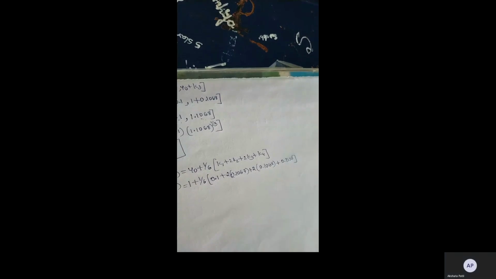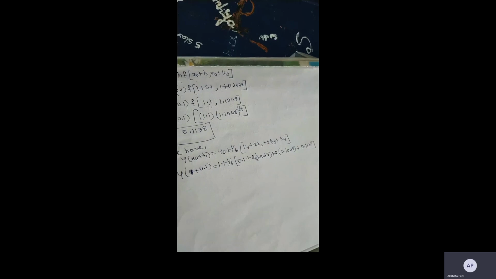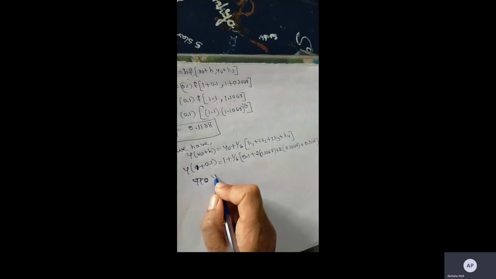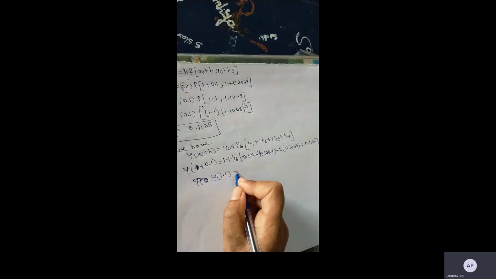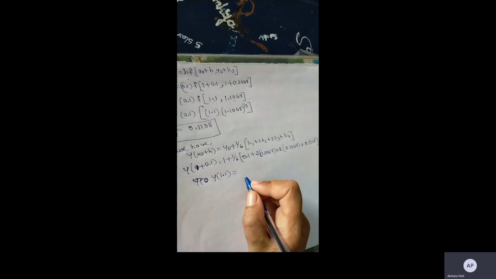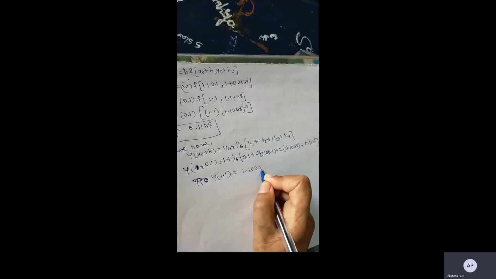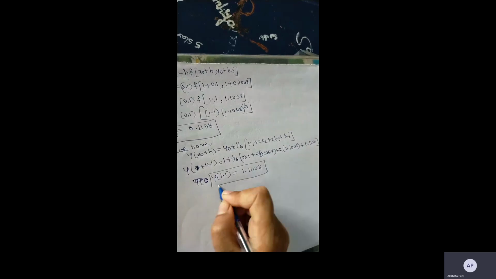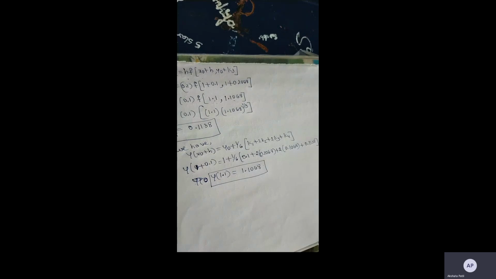Okay, so after simplification you will get y of 1.1 which is equal to 1.1068, the required solution of the given differential equation by using the RK method. Okay, I hope you understand how to solve the given ordinary differential equation and get the solution by using the RK method. So I will solve one more example here.